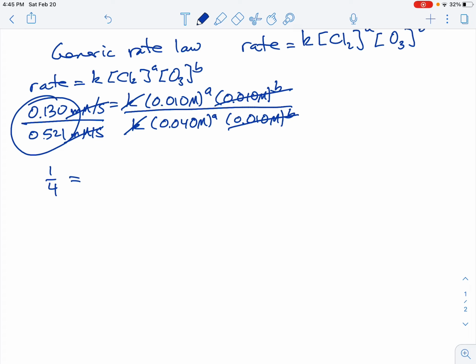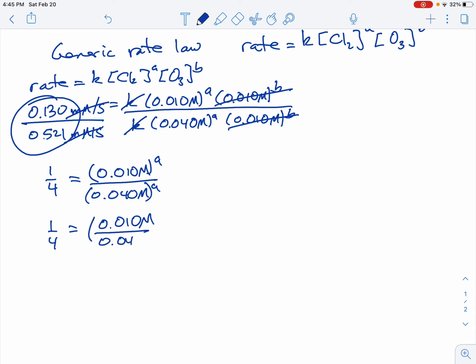This equals 0.010 molar to the A over 0.040 molar to the A. I'm going to simplify that by stating that that's 0.010 molar over 0.040 molar, all raised to the A power. 0.01 over 0.04 is 1/4.